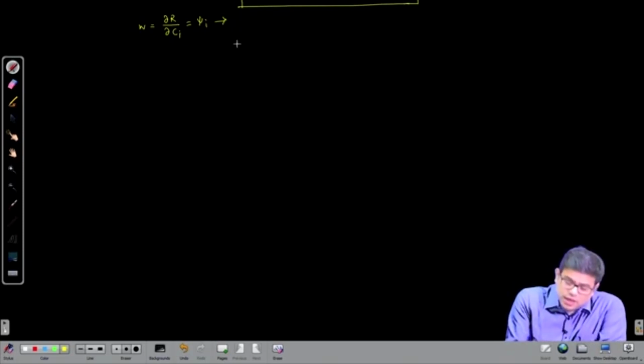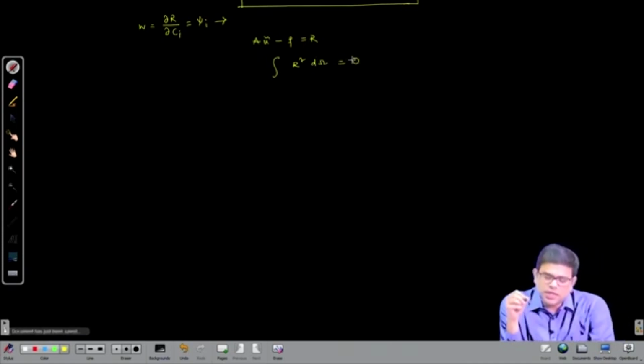For instance, if I take the same differential equation, A u tilde minus f is my R, then what the least square method does is that we minimize the square of the residual.